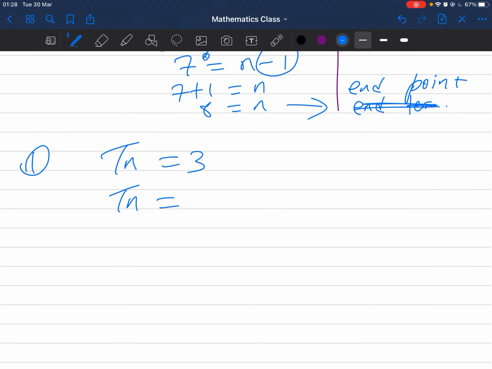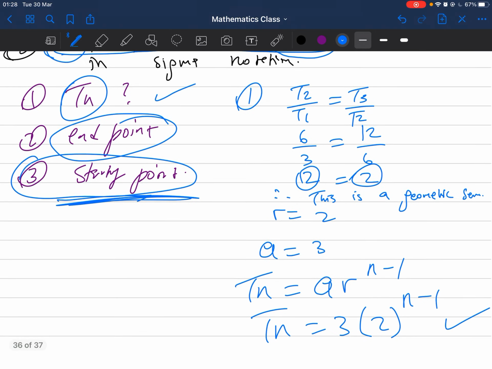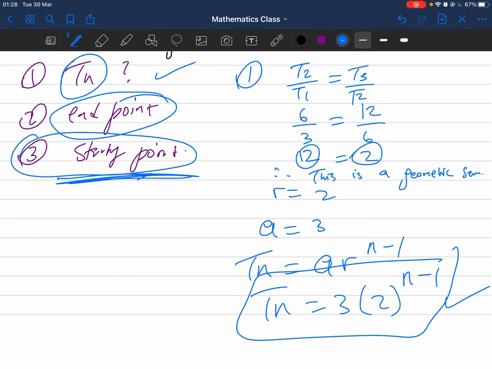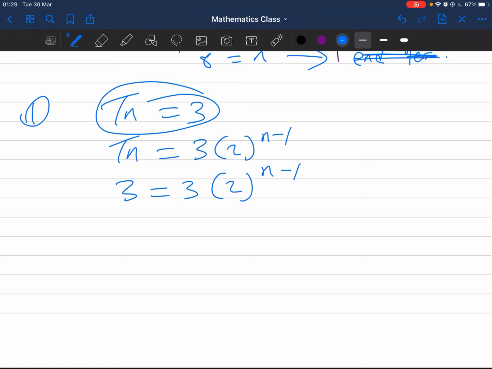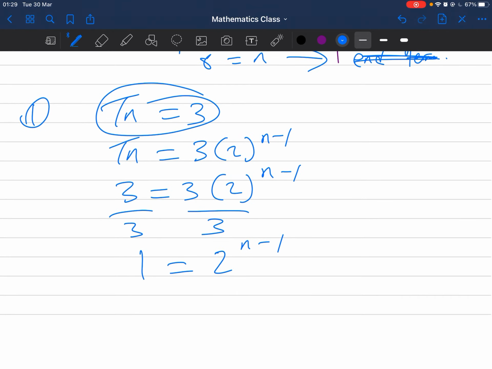We go back to our general term, Tn is equal to 3 times 2 to the power n minus 1. So 3 is equal to 3 times 2 to the power n minus 1. This is the first term, and we're looking at the starting point. From here, you can divide by 3 on both sides, so you have 1 is equal to 2 to the power n minus 1.